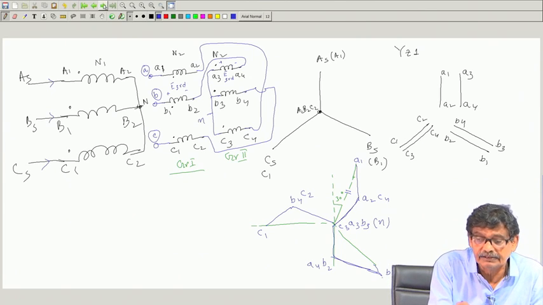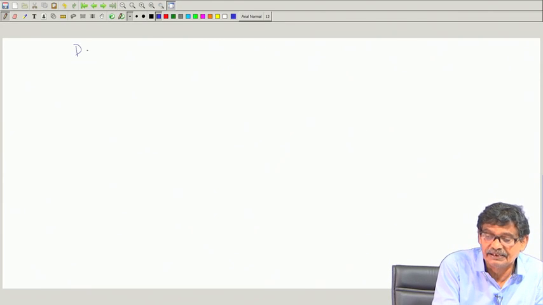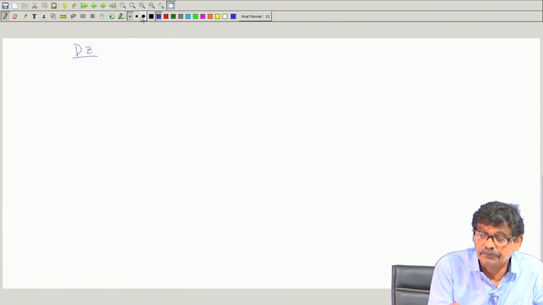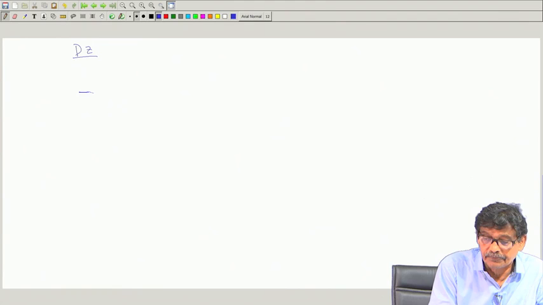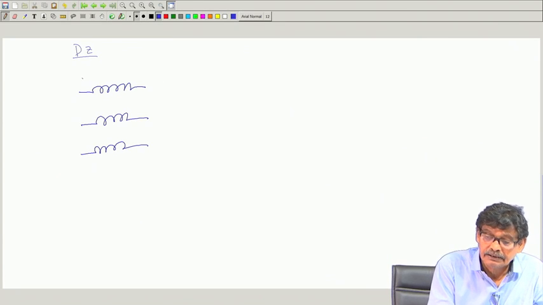Achha, another small connection, as I was telling with D, suppose I want to do a delta zigzag, which I have not told, but let me do it. Suppose the primary winding is delta connected, zigzag winding I have done. So, that is why I am doing, so that you become more confident.